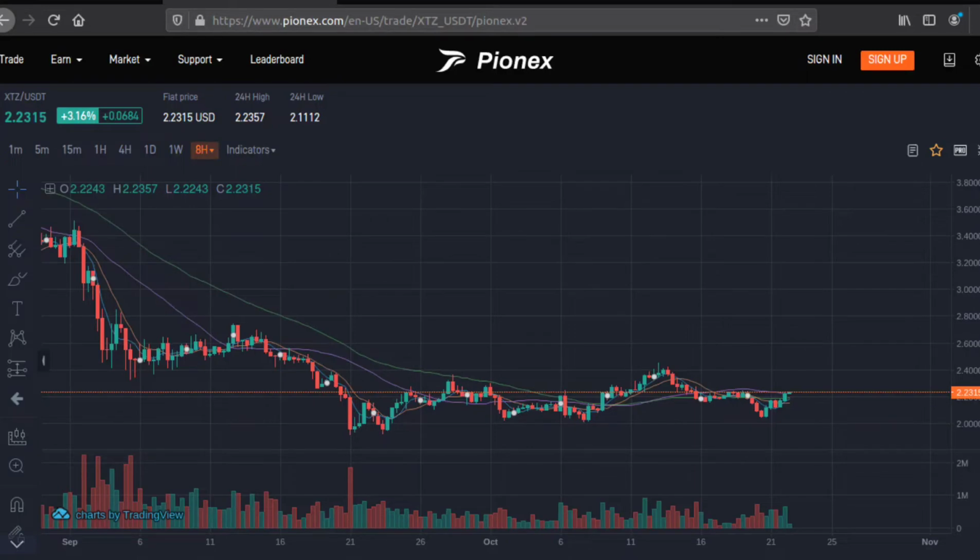A lot of people were probably accumulating Tezos at this range for a continued run up, because the weekly does look very strong on Tezos as well, despite all the troubles that they've had as far as the company is concerned. I've stated on this channel, you have to separate what you like about the company and that coin from the market itself, because the market, when it's time, does not care about any of that.